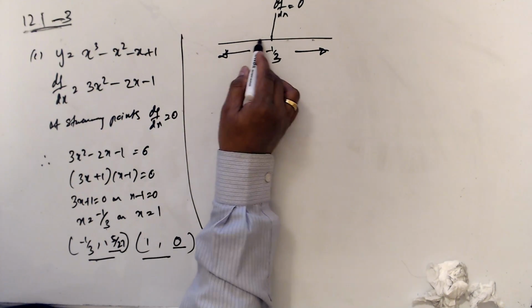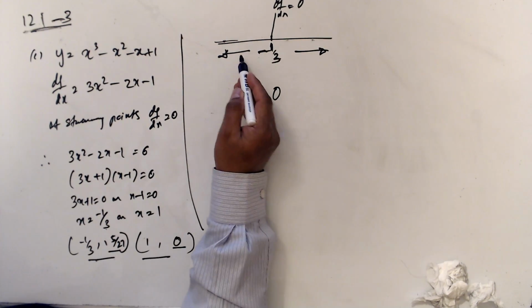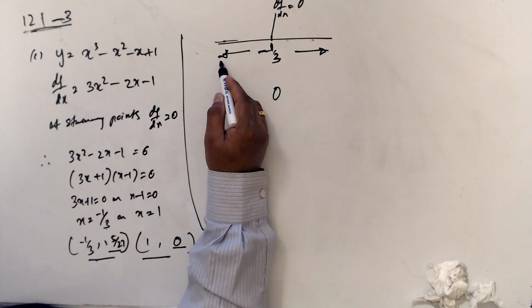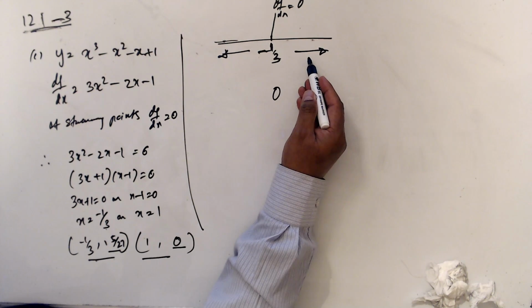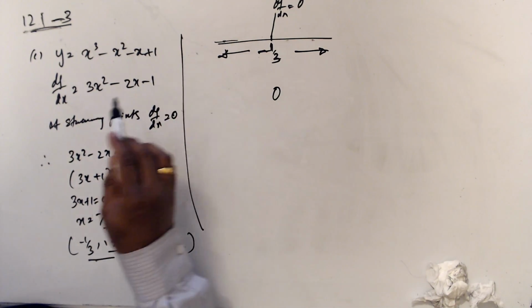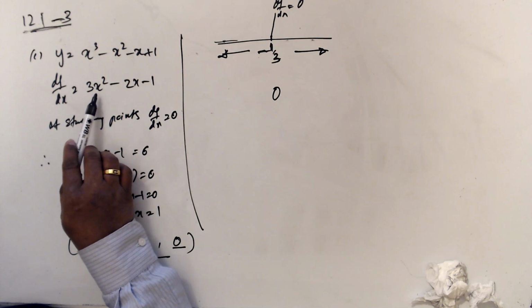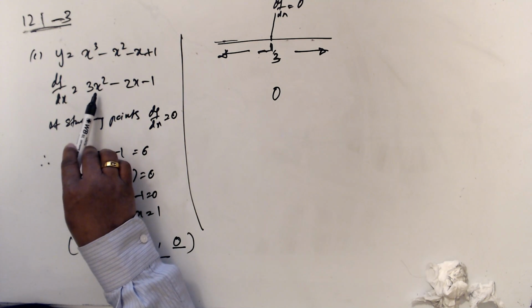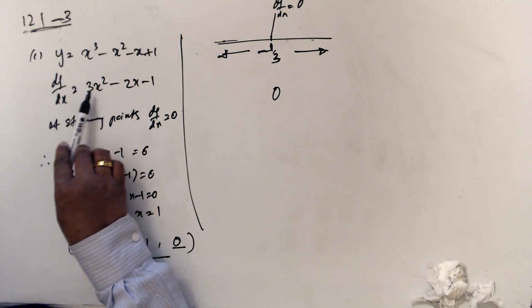And how about this side? Think about a value less than minus 1 over 3, like minus 10, or minus 1000. When you put minus 1000, minus 1000 squared becomes positive. I'm talking about the gradient.